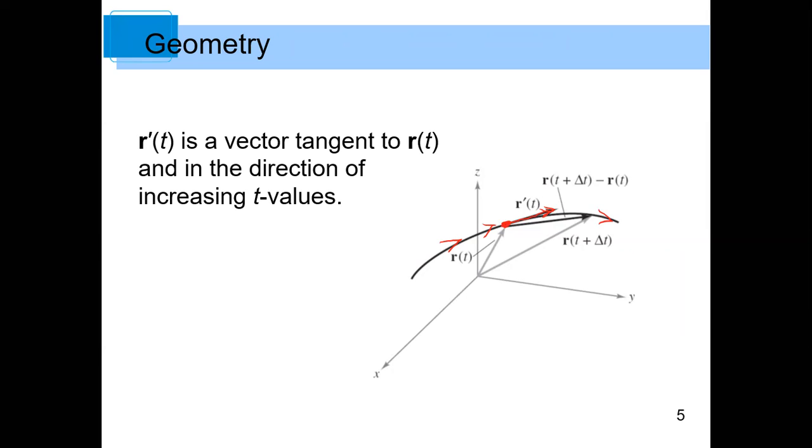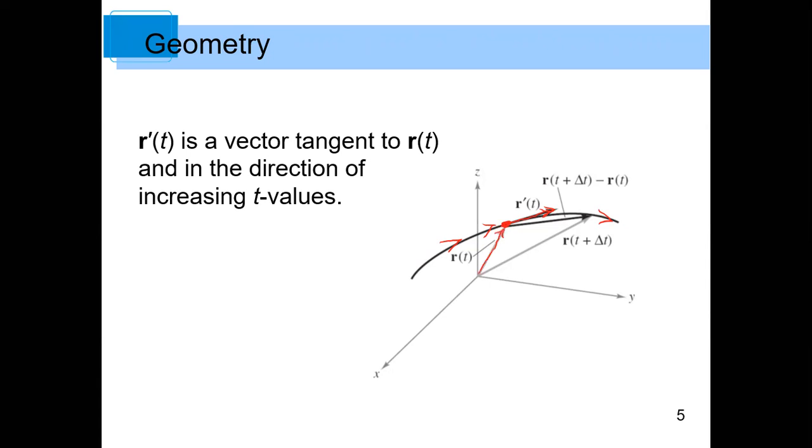That kind of makes sense that that should be the case, correct? Because derivatives of one variable functions back in calculus were giving us slope of a tangent line, yes? For this, it's going to give us basically a tangent vector at a given point on the space curve representing r of t.